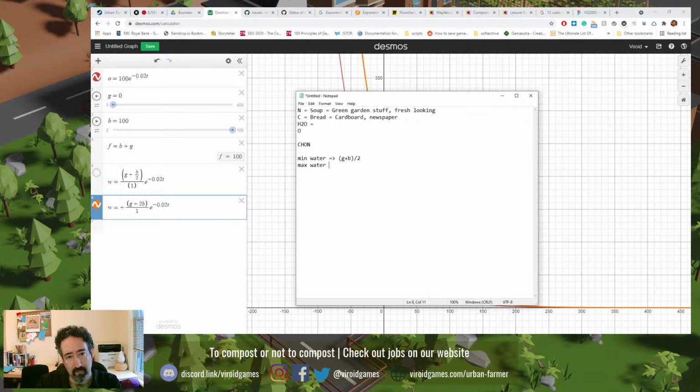The maximum water: 2 brown minus G, because that's the penalty, right? Maximum water.